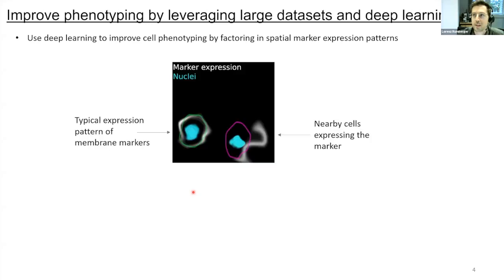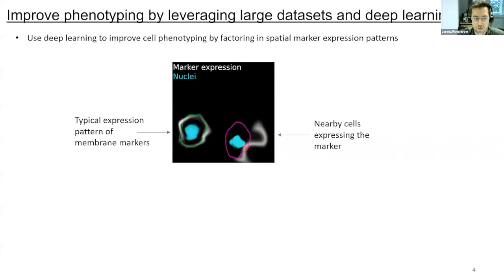But what does it mean, spatial marker expression patterns? I have an example here. On the left, you see a cell that shows the typical expression pattern of a membrane marker. As you see, the marker closely tracks the cell membrane, or the boundary of the segmentation shown here in green. On the right hand side, you see another cell, but the marker doesn't really track the membrane here.